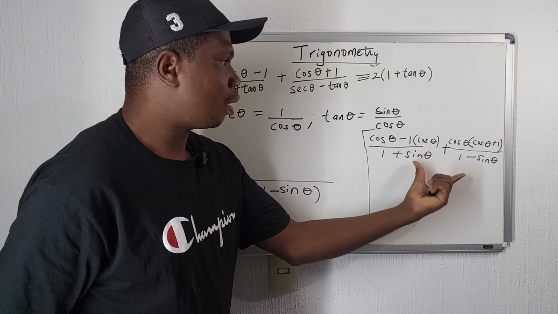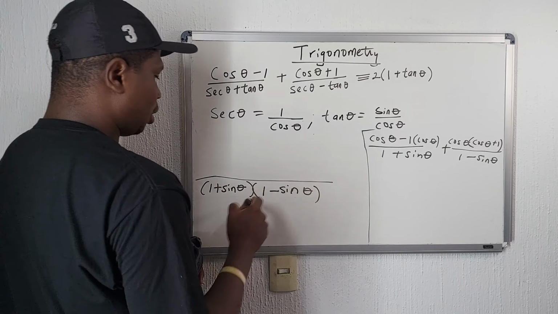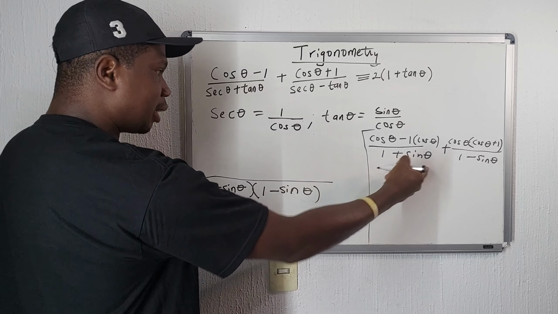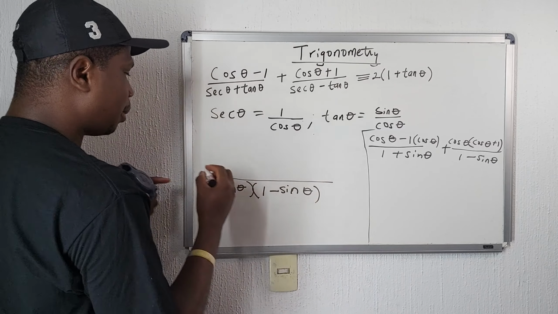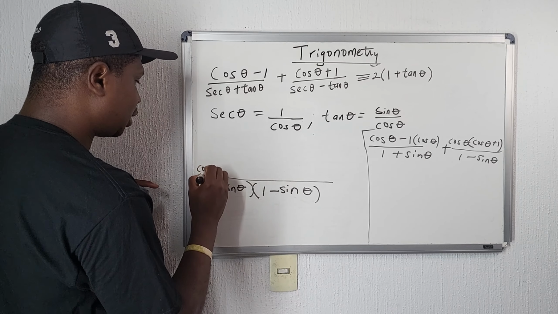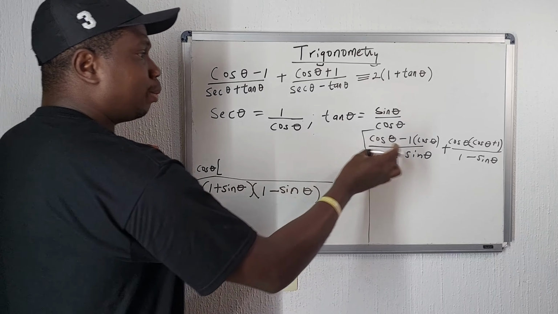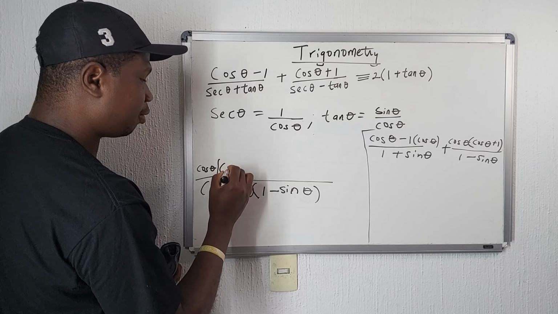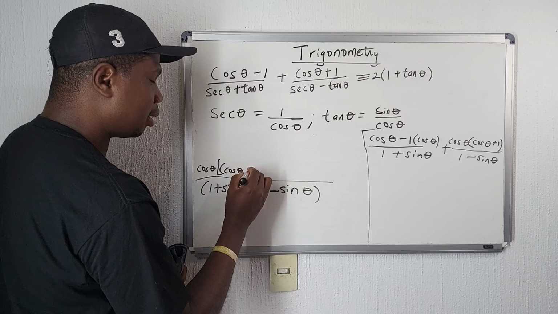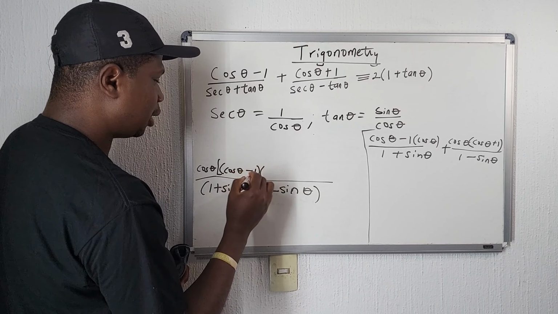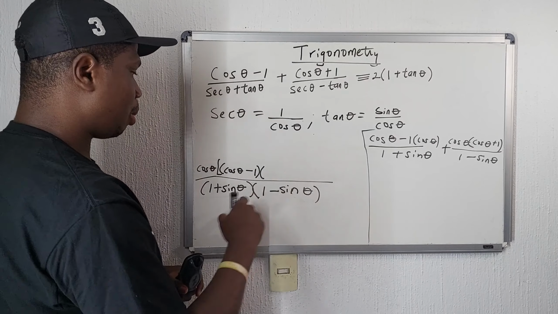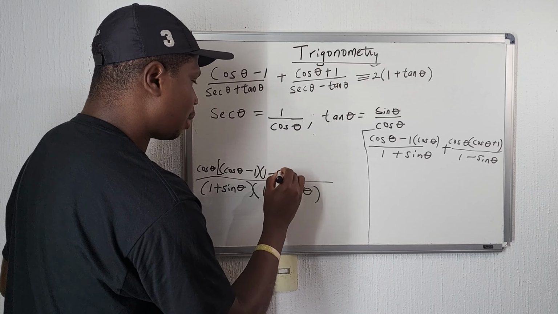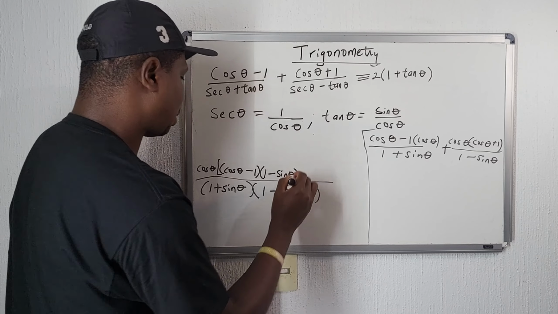Now, this divided by this. Let's take one by one. This can go into this, so we have this one left. Then we have cos theta multiplying this and this. So we have cos theta minus 1 into what? This cancels this, we're left with 1 minus sine theta.